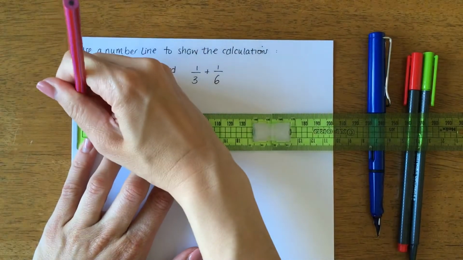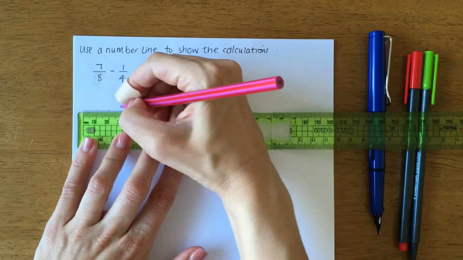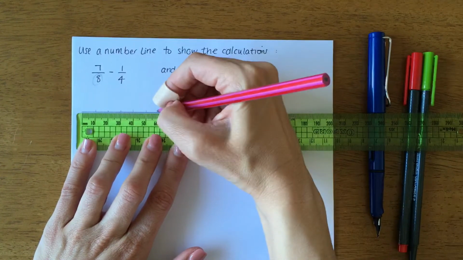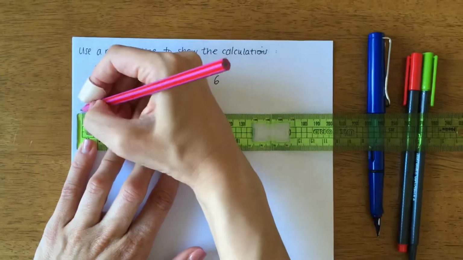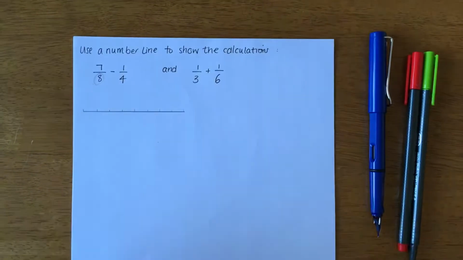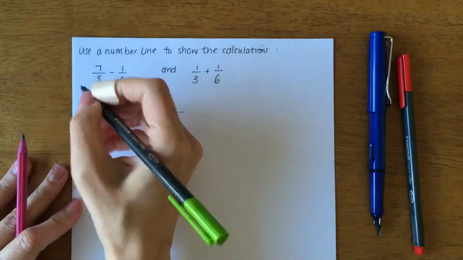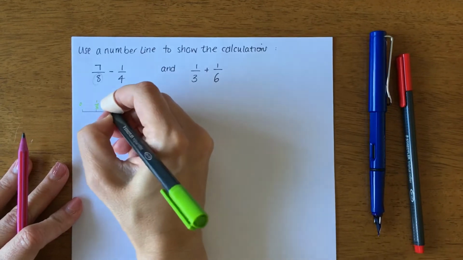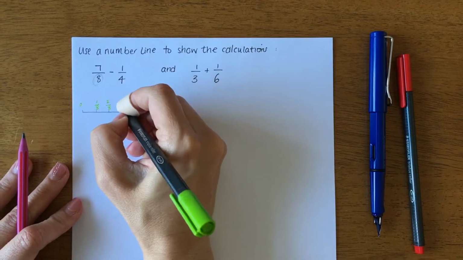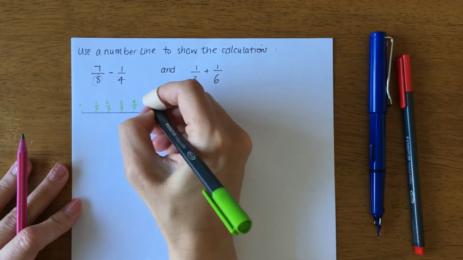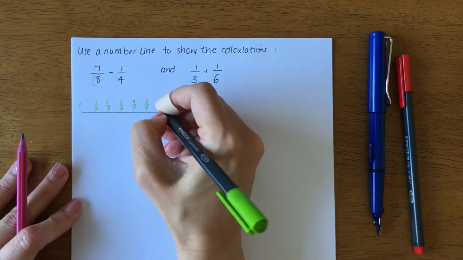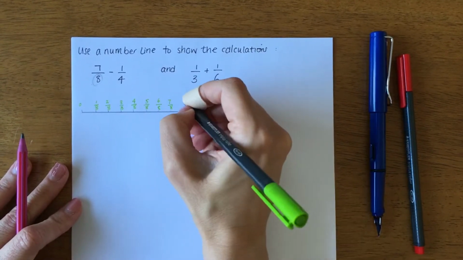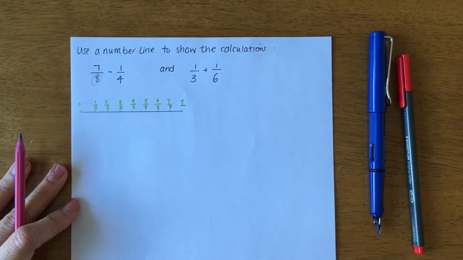So this is my number line, split into 8ths. I'm going to put my 8ths in green. So this is 0, 1/8, 2/8, 3/8, 4/8, 5/8, 6/8, 7/8, and we won't write 8/8, we'd write 1 whole.